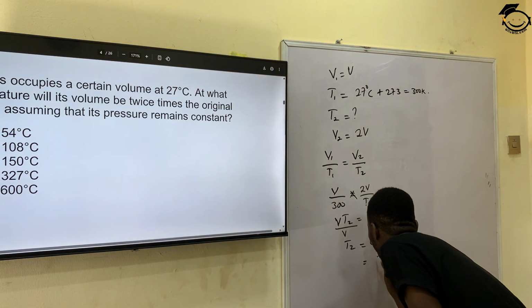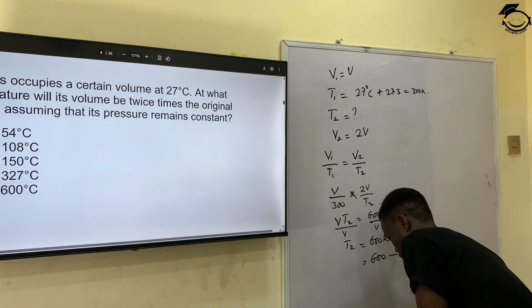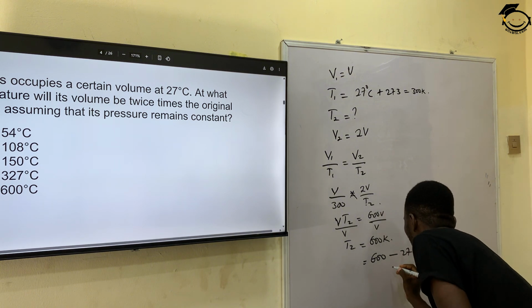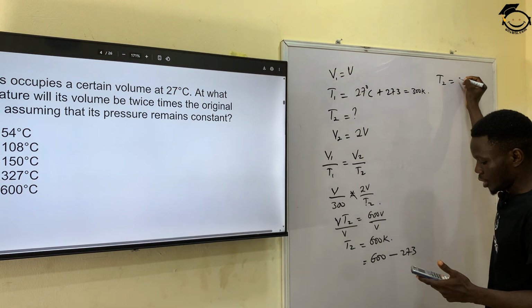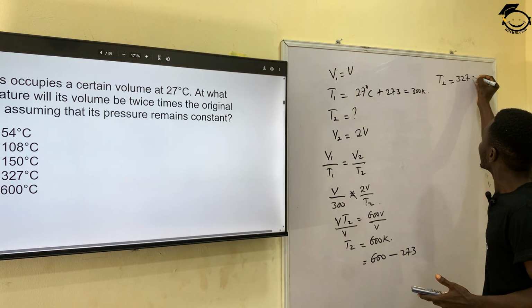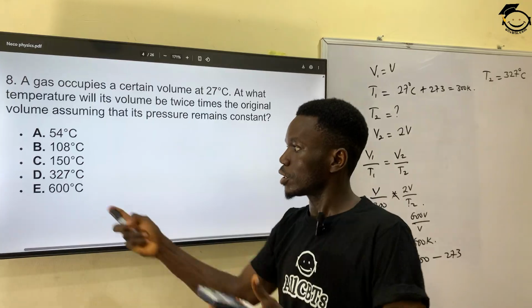So this will give me 600 minus 273, and that will give me that my T2 is 327 degrees Celsius. And that is option D.